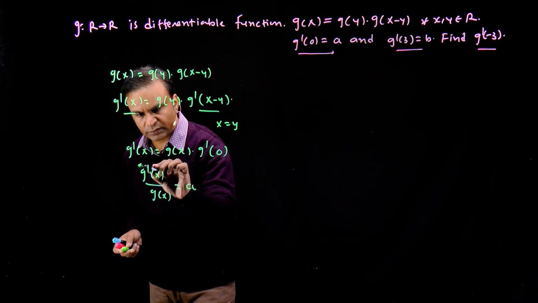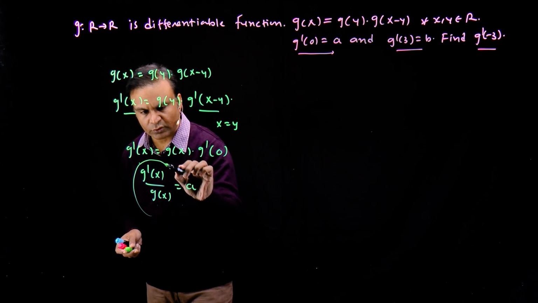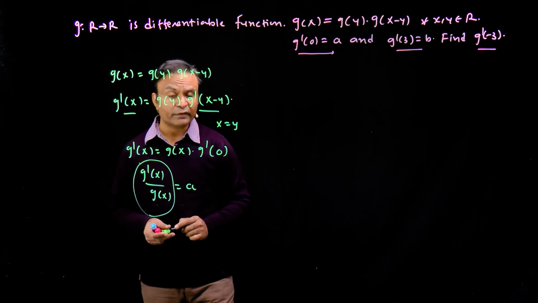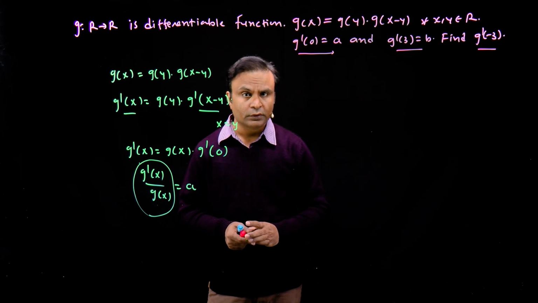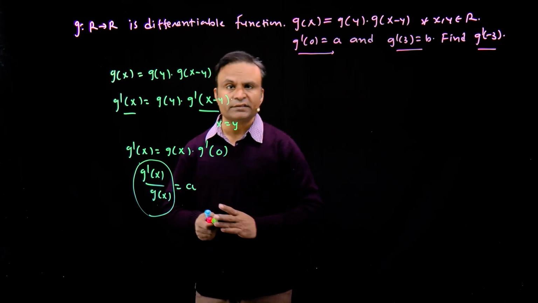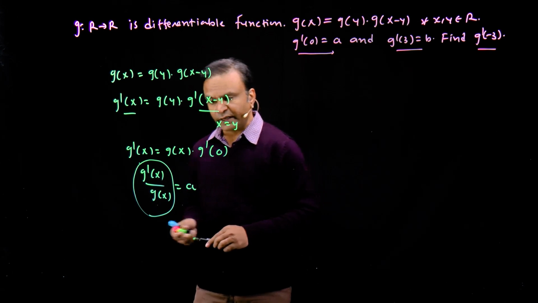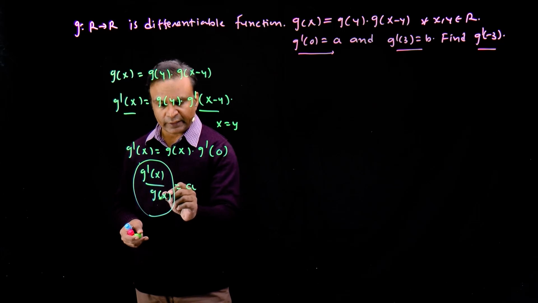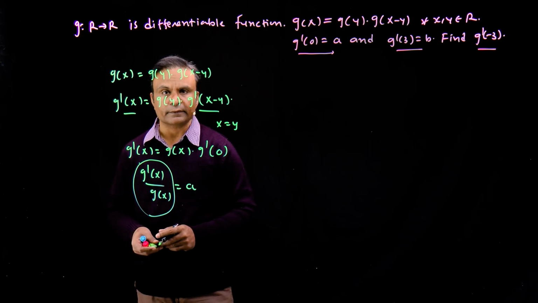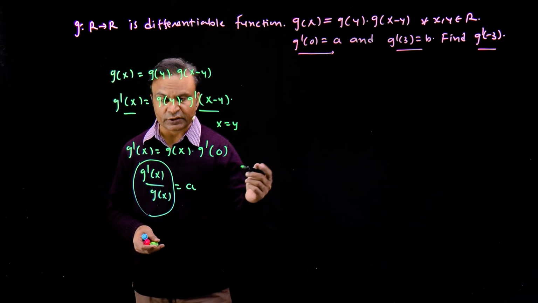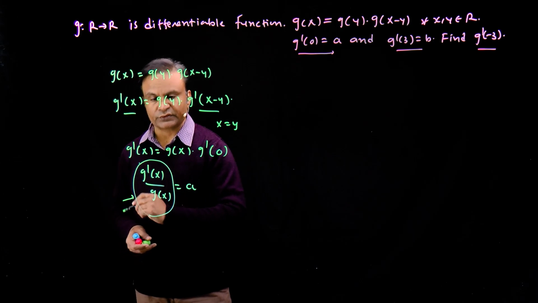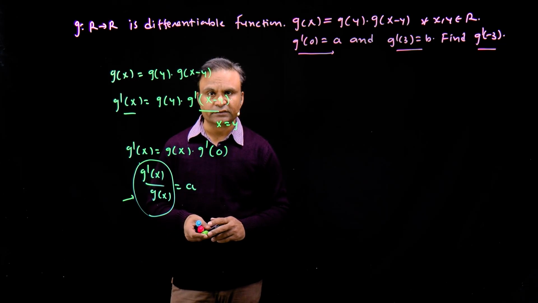Now look at this ratio g dash x upon g x from the differentiation point of view. How do you see this ratio? We have the derivative of a function in the numerator and in the denominator we have the function. Okay, what is that function whose derivative is this g dash x upon g x?